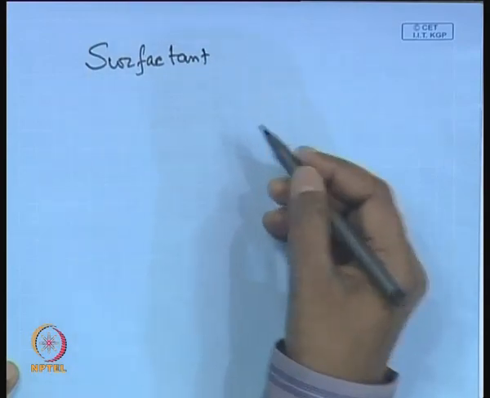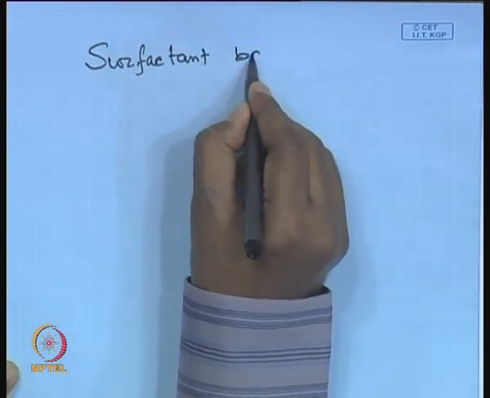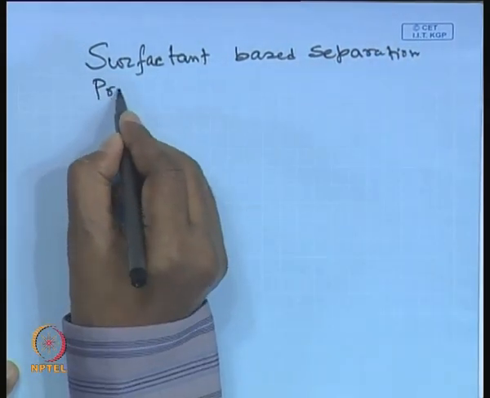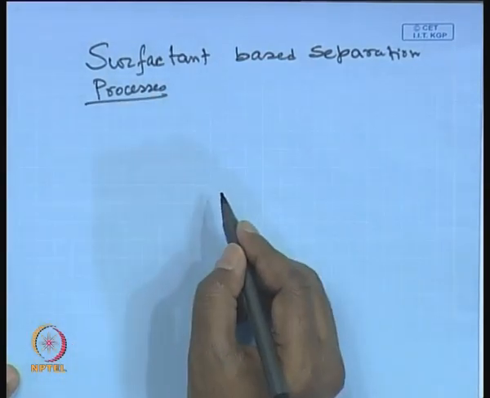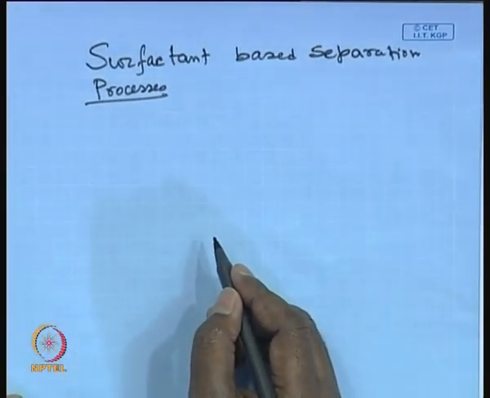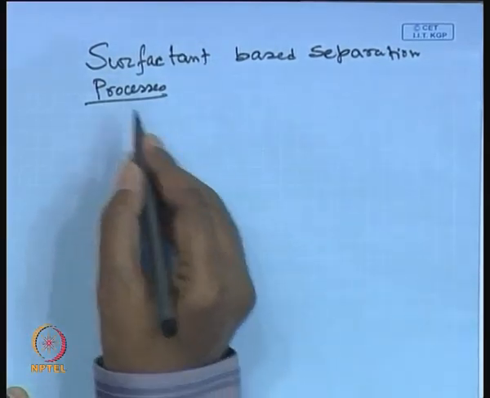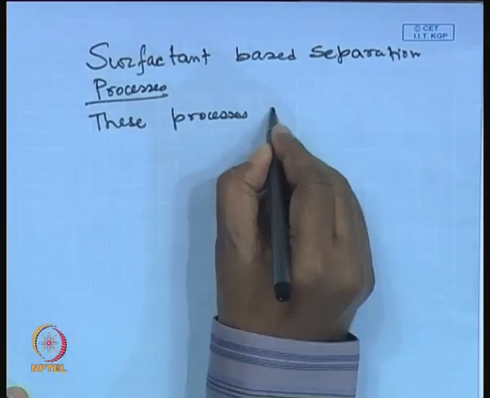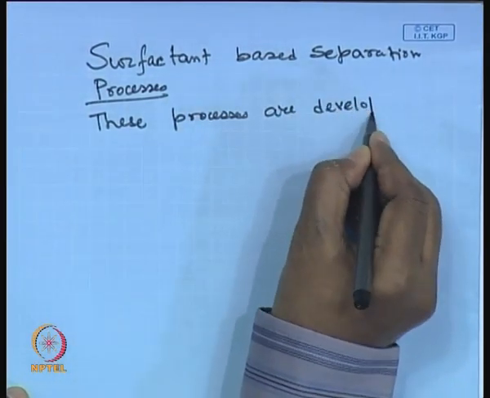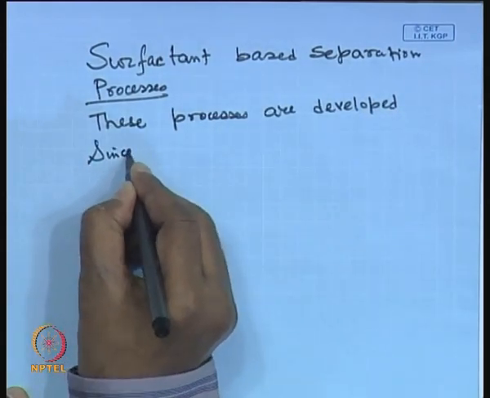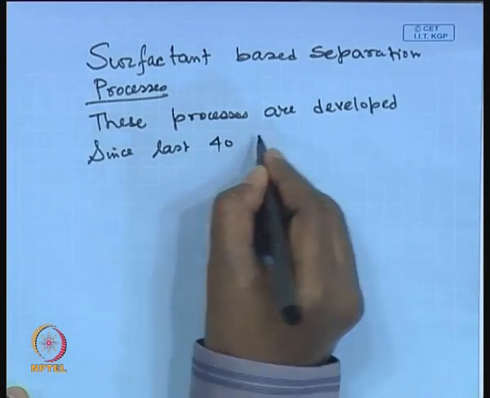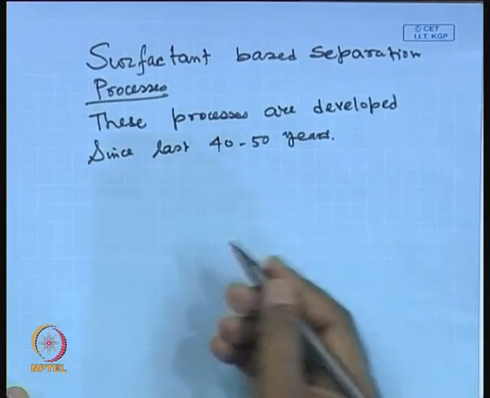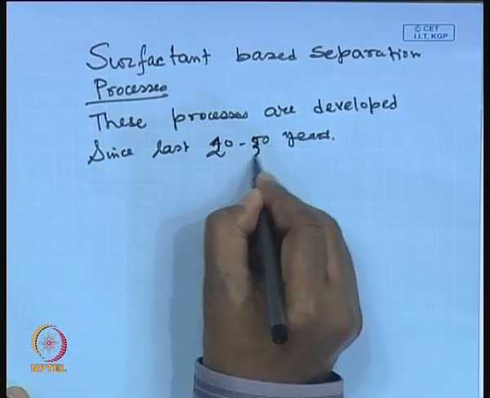This is a type of novel separation process, and these processes have been developed in the last 30 to 40 years, maybe maximum up to 50 years, in fact even less than that, from the last 20 to 30 years, okay.